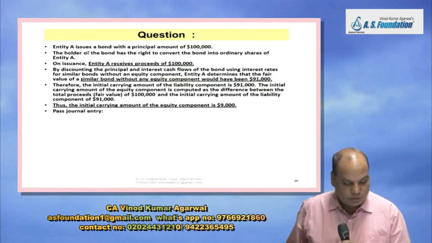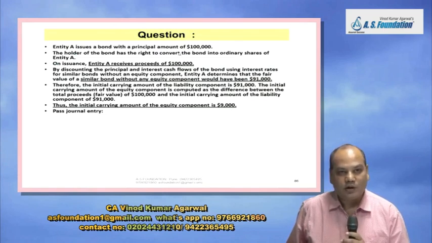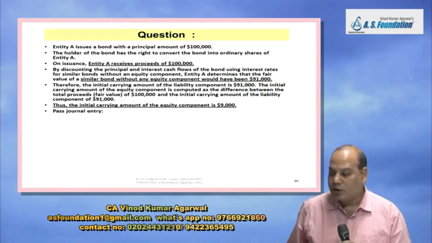Question number 19. Entity A issues a bond with a principal amount of $1 lakh. The holder of the bond has the right to convert the bond into shares of entity A. On issuance, again, who has the option to convert? Holder. Entity A issues the bond and receives proceeds of $1 lakh.